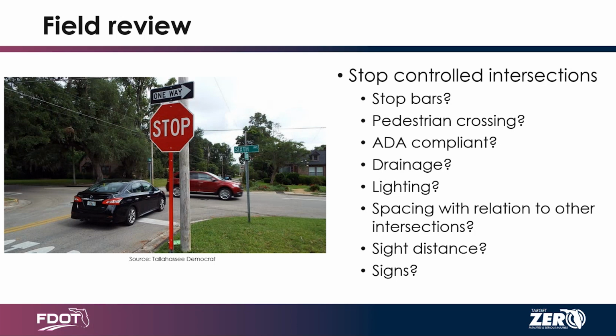Just making sure that people are also following the traffic control signs. When you're observing, you want to see, are these people stopping at the stop bar, or are they rolling through? And making sure that if there is a pedestrian crossing, they're being mindful of that and not just plowing through that area or stopping in the middle of the crosswalk.